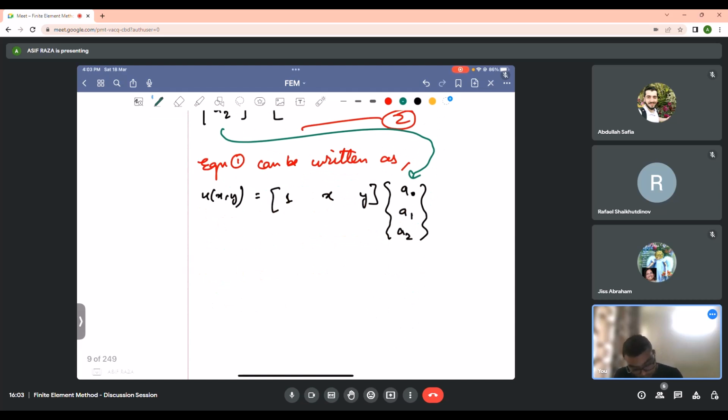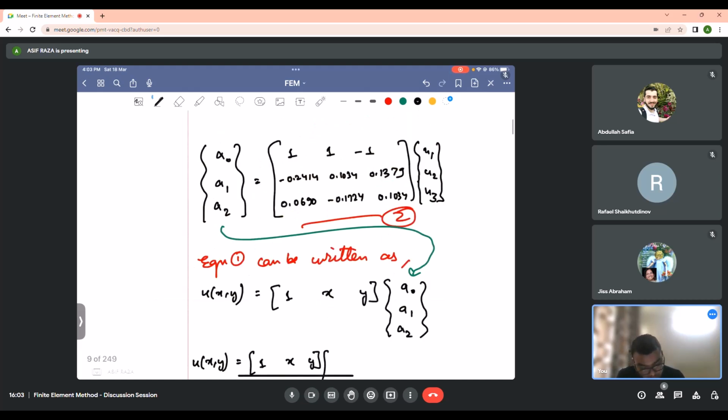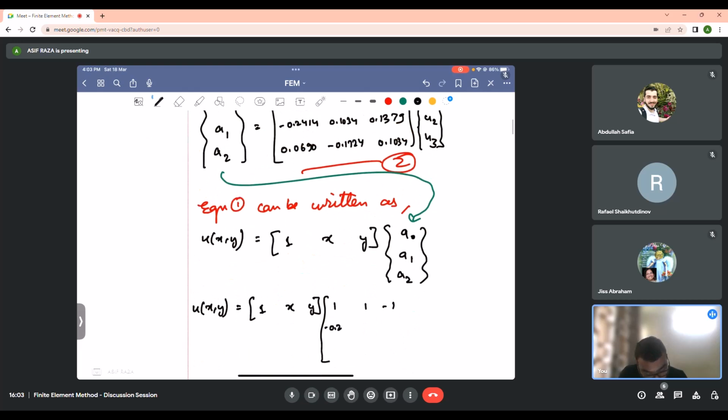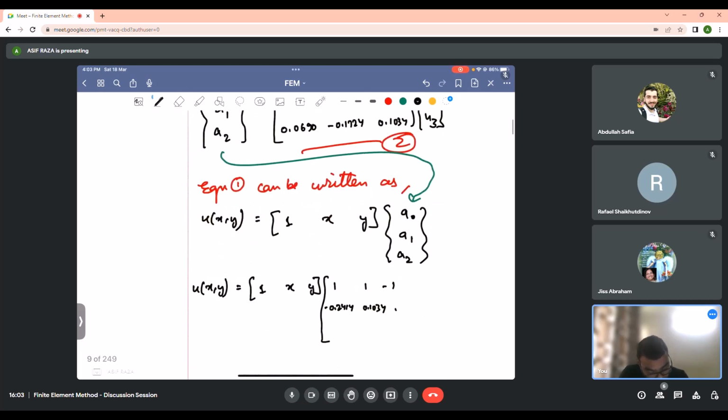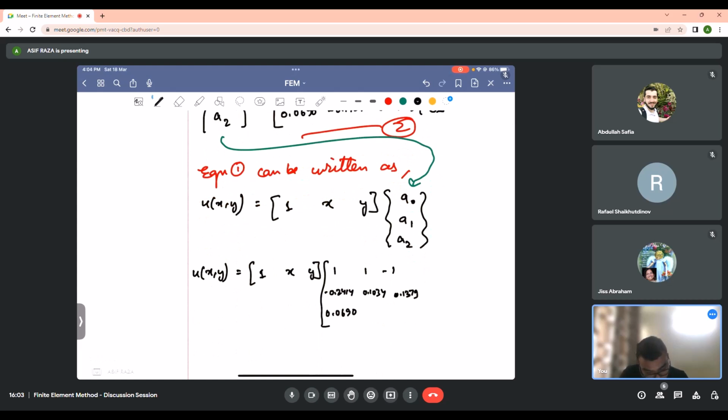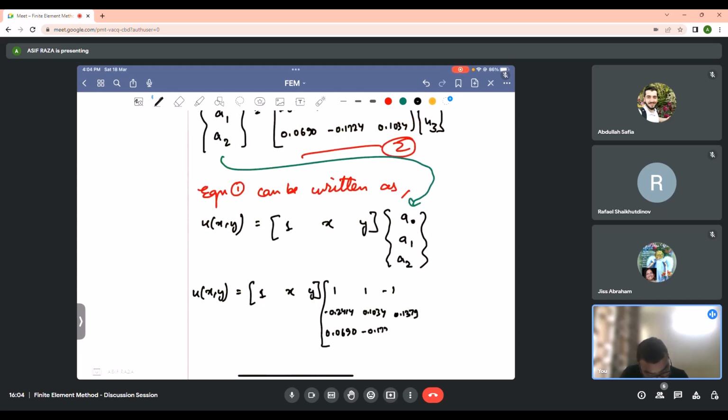So this way we just substitute the values of a0, a1 and a2 here and we'll get the form of u. So u of x comma y will be 1 x y times the matrix with rows 1, minus 1, 1; minus 0.2414, 0.1034, 0.1379; 0.0690, minus 0.1724, 0.1034; times u1 u2 u3.